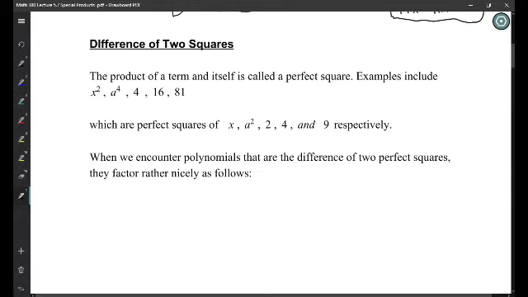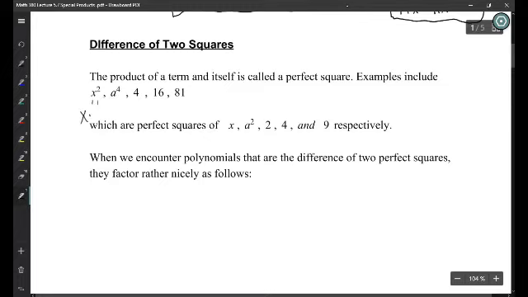Next topic is the difference of two squares. So the product of a term and itself is called a perfect square. And here are some examples. X squared, because it is the product of x with itself.